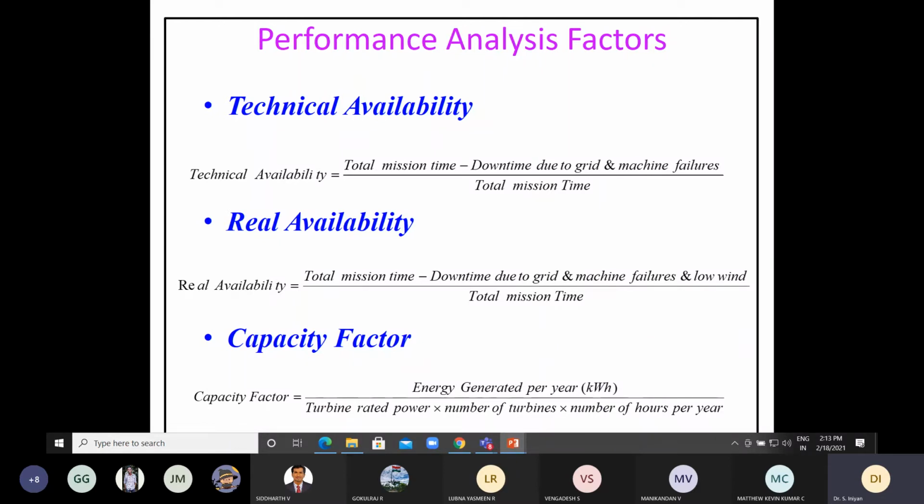I will move on to the next slide. Based on these three, we are going to solve one simple problem at the end of the session, right? Make a note fast.